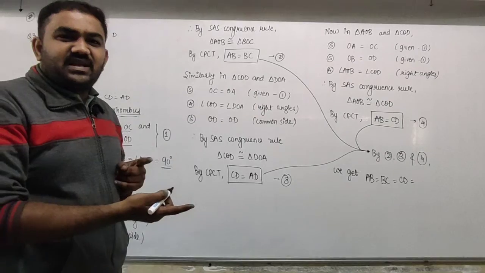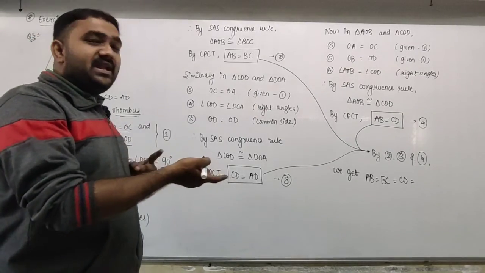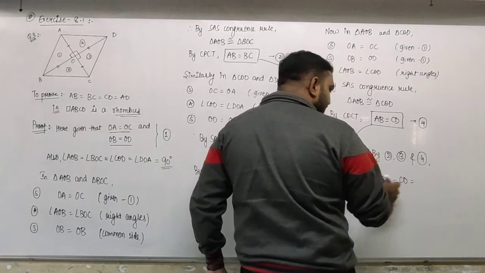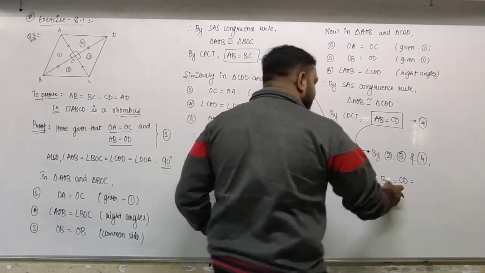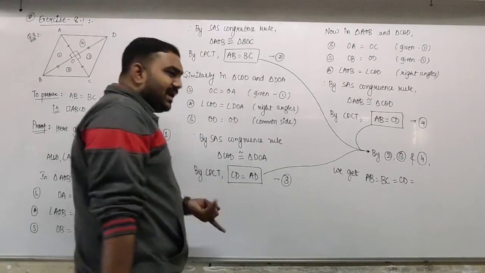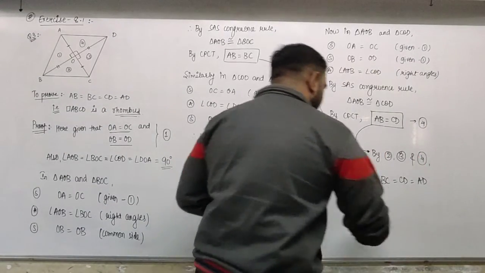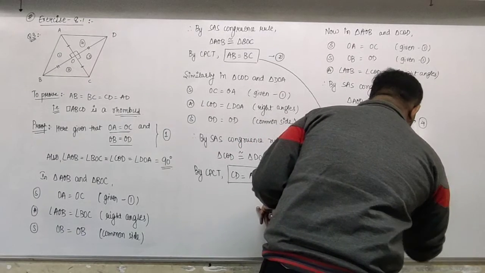AB અને BC ની વેલ્યુ સેમ છે, AB અને CD ની વેલ્યુ સેમ છે, તો AB equals to BC equals to CD અને CD ની વેલ્યુ શું છે? તો કે AB. તો બધે બધા ઇક્વલ થઈ ગયા, right? So that is what we require to prove.